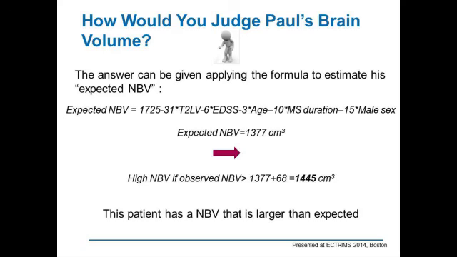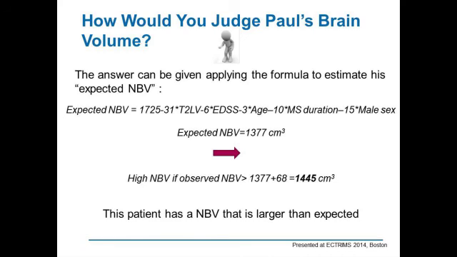Again, we apply the formula and we substitute in the formula the values specific to Paul. That is a high T2 lesion volume, EDSS of 5, age of 60, long disease duration, and male sex. The expected normalized brain volume for a patient with Paul's profile is 1,377 cubic centimeters.